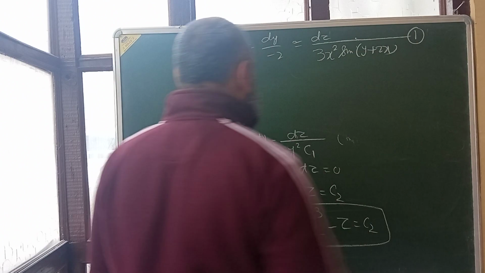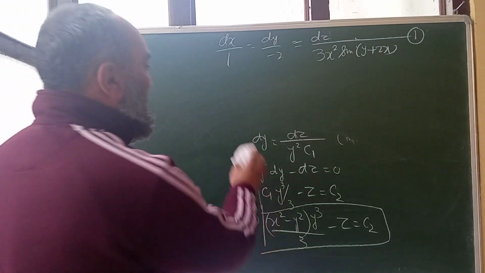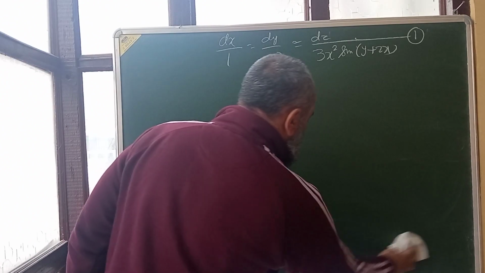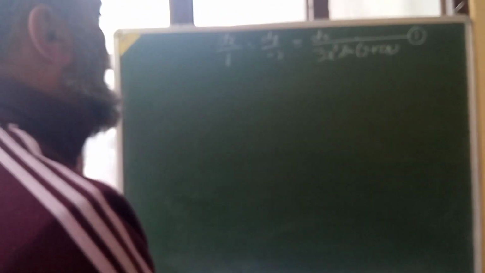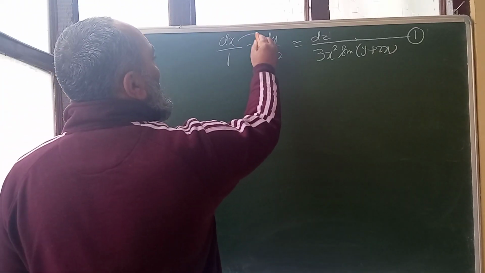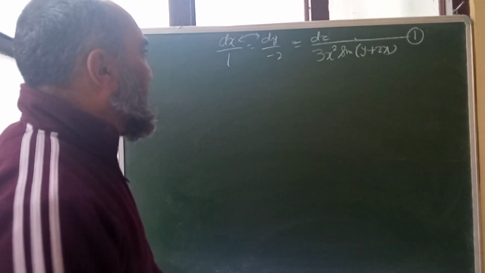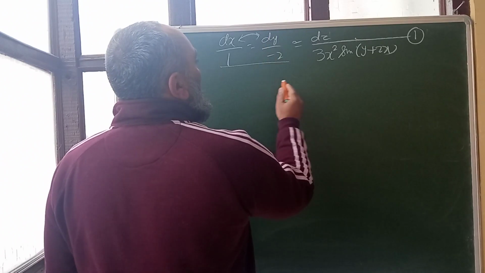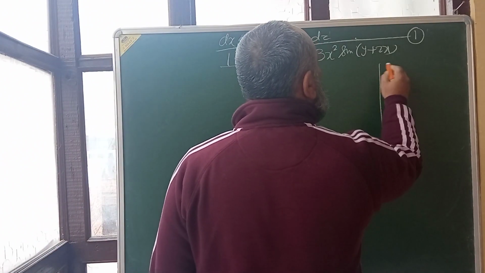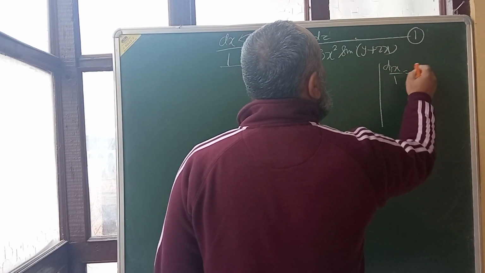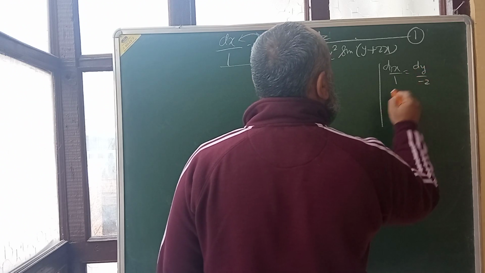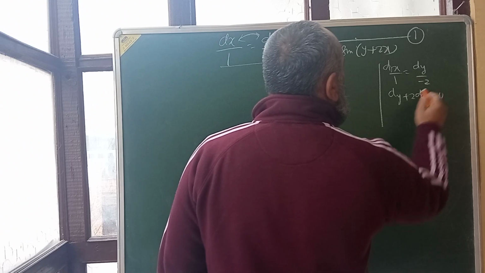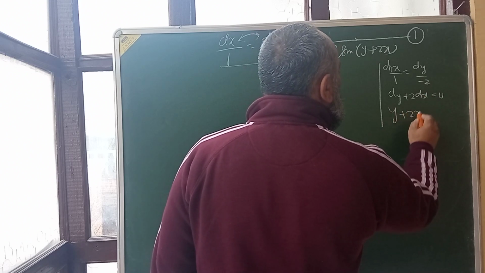This is 1. Okay, see, choosing the first two fractions together, we can have a solution. Taking these two fractions, what I will get? dx by 1, dy by minus 2, or dy plus 2 dx equals 0, which gives y plus 2x equals c1.